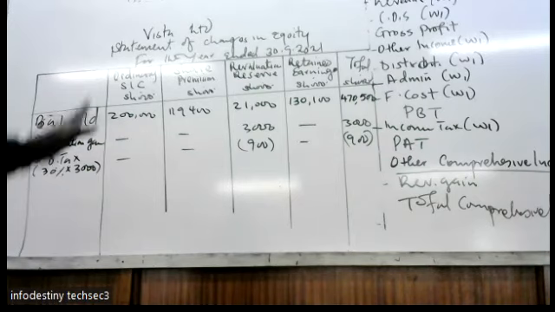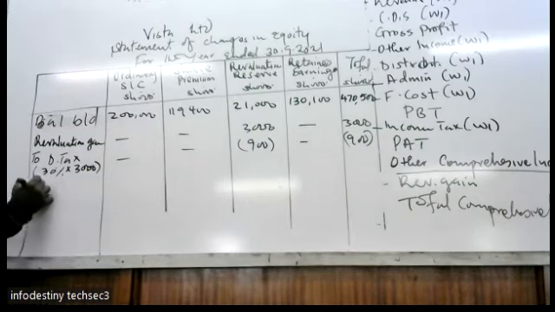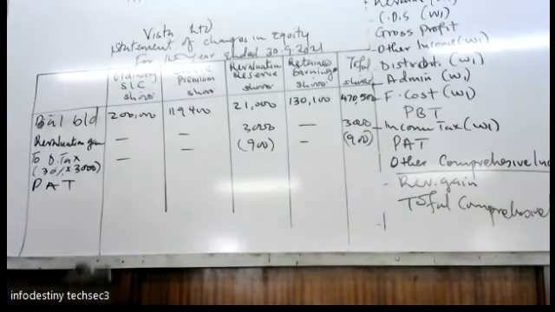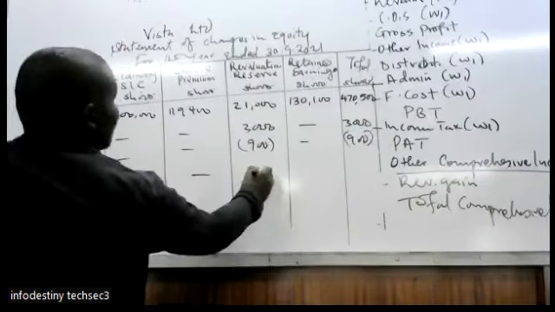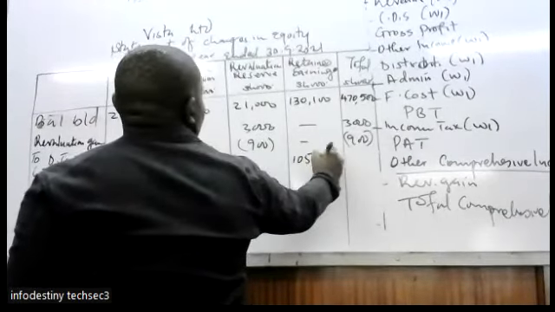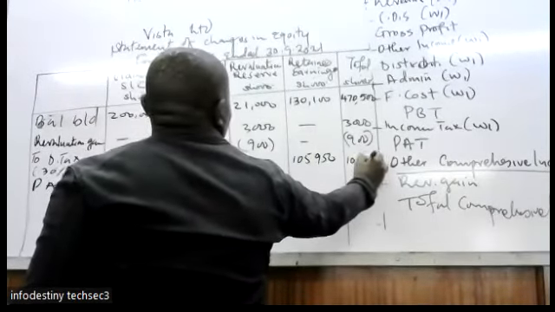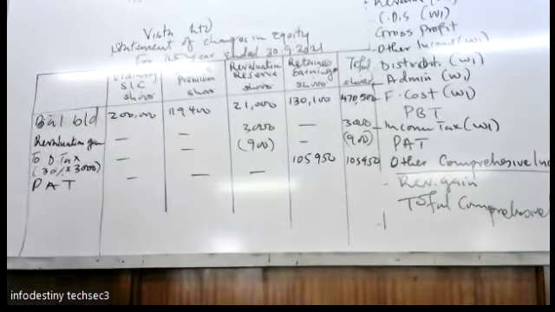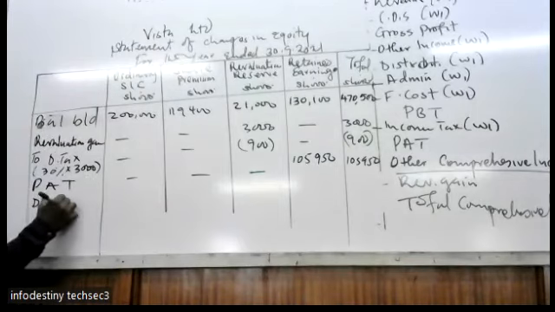We proceed, revaluation done. Retained earnings. Give me PAT, profit after tax for the year. How much is the profit after tax? 105. Dividends. Did they pay dividends?